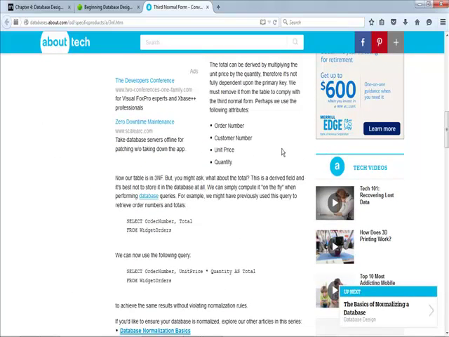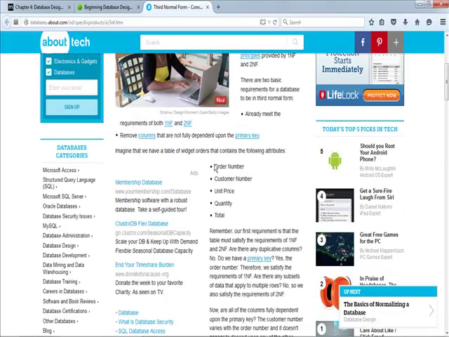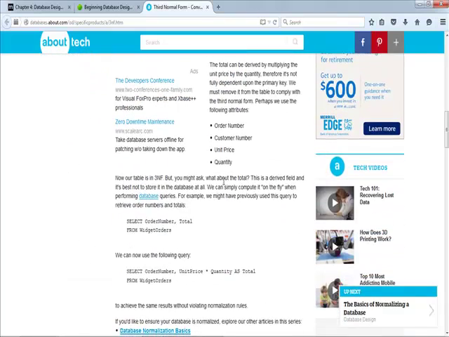So the author says, well, what if we come in here and instead of having all this information, what if we come in here and just put in this? And in this case, all right, you're in 3NF.